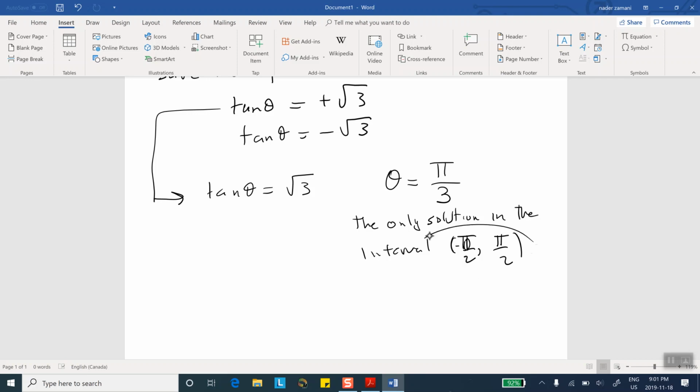Because minus pi over 2 to pi over 2 makes a single period, one period. Look at the difference between the two ends: it's pi.